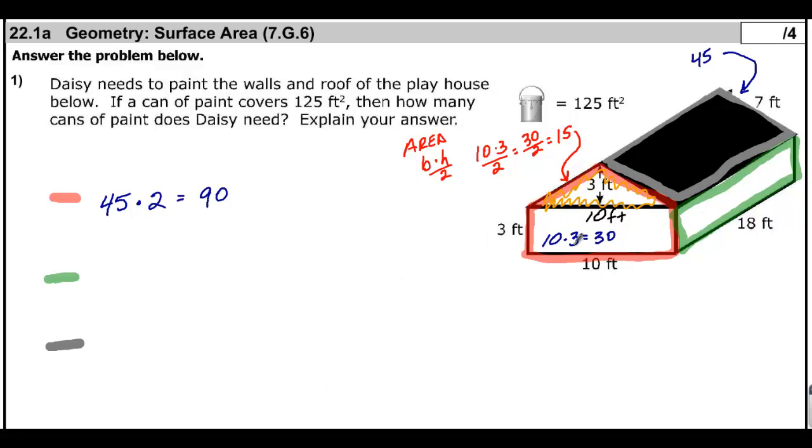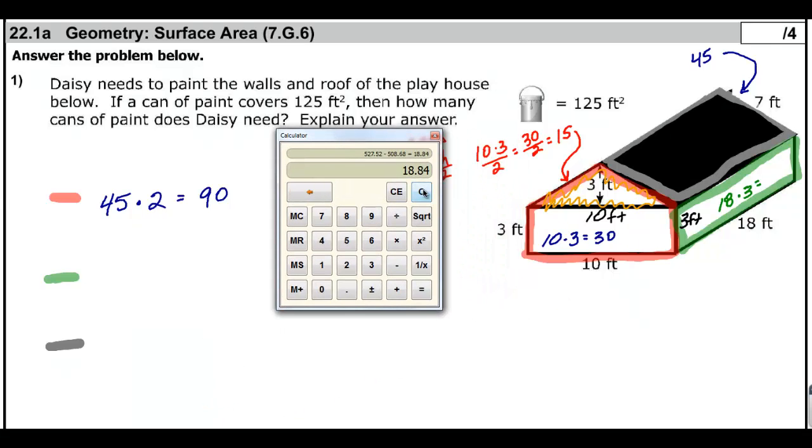Let's do this wall that we have in green now. That wall is a rectangle that's 18 by 3. How do we know by 3? Because this is 3 tall, which means this is 3 feet tall. And so that rectangle is 18 feet times 3 feet. Let's not make any careless math mistakes, so let's have our calculator out.